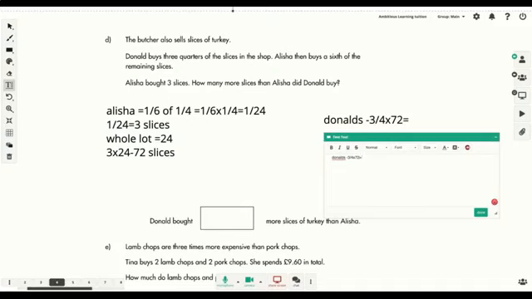So 3/4 of 72. Try to simplify that, and your answer would be 54 slices.